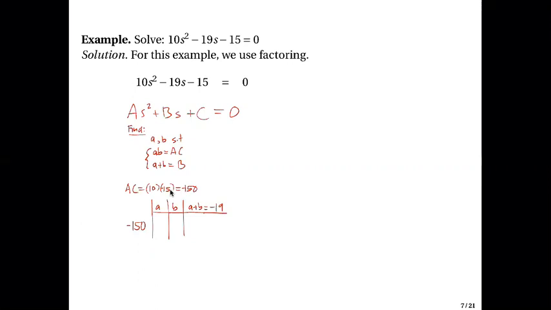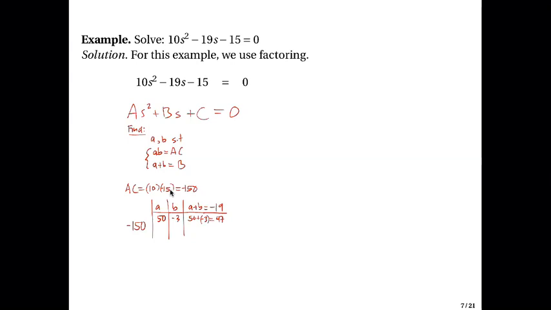Maybe, let me guess. For example, I have 50 and then minus 3. If you added them, you have 50 plus negative 3. This is 47. This is not a good number.